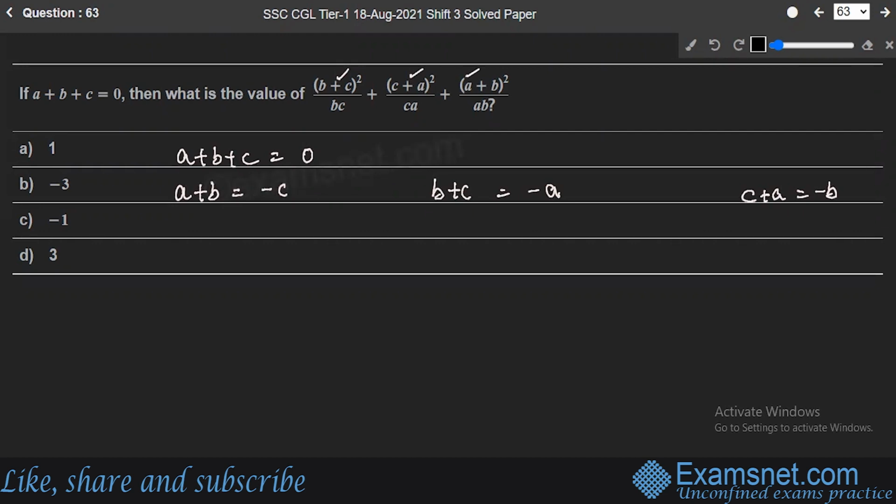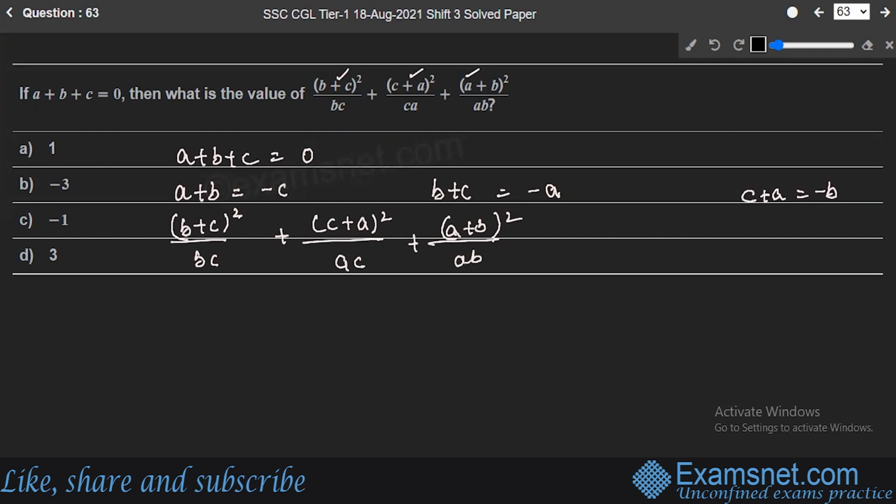Now let's fill in all these values in the given question. First of all, you have (b plus c) whole square upon bc, plus (c plus a) square upon ac, plus (a plus b) whole square upon ab, right?